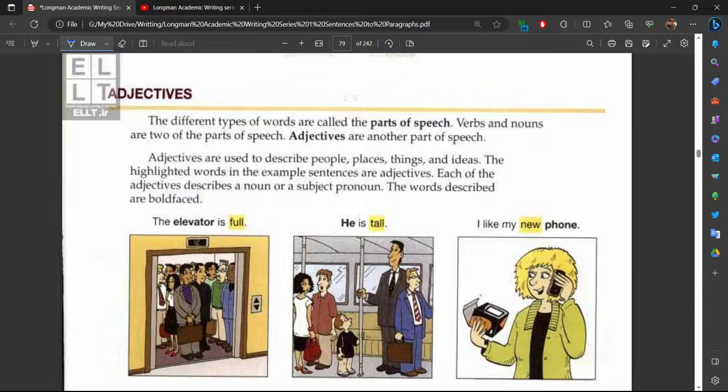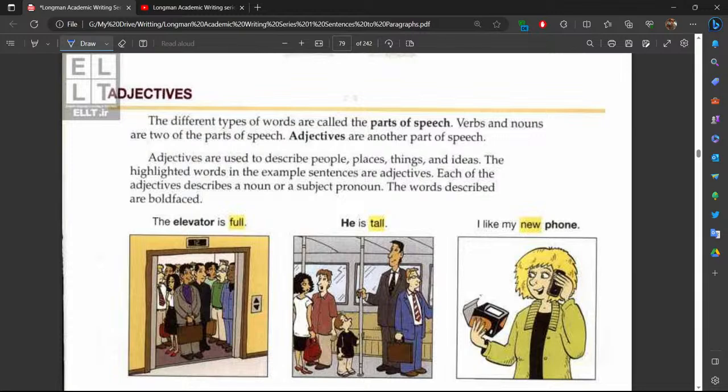Adjectives are used to describe people, places, things, and ideas. They describe how they are, their state of being, their situation.